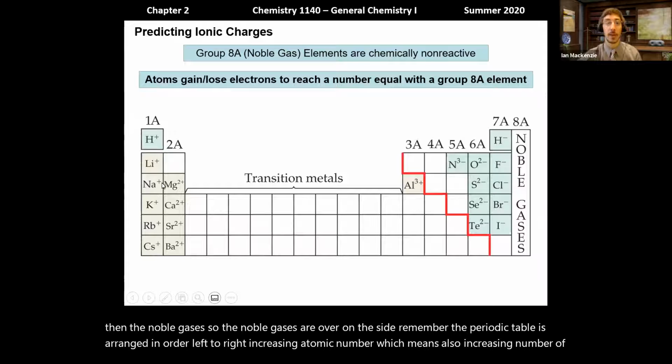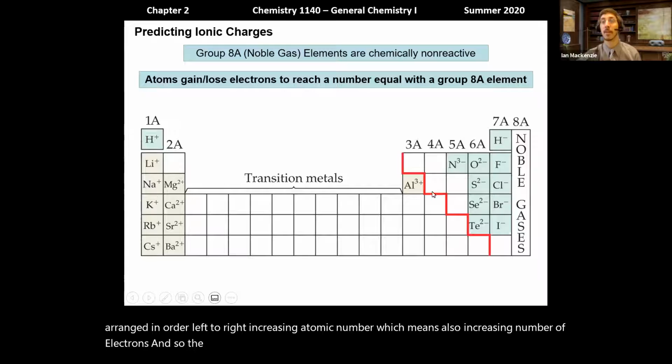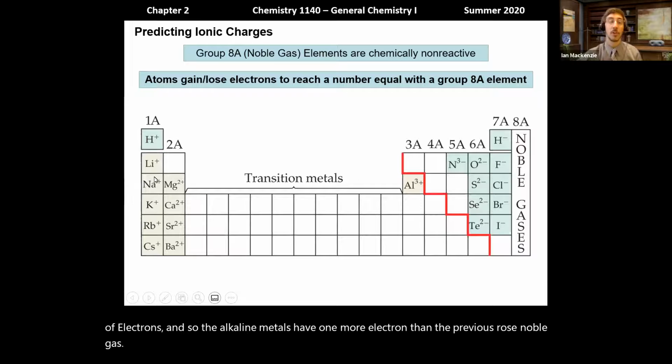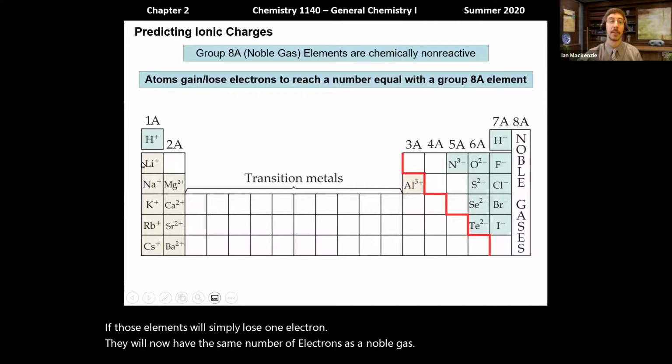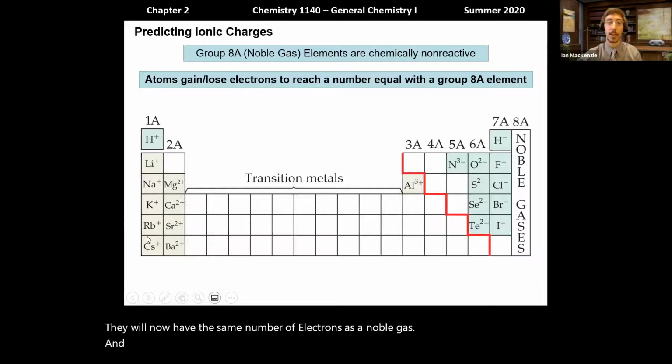And so the alkali metals have one more electron than the previous row's noble gas. So if those elements will simply lose one electron, they will now have the same number of electrons as a noble gas. And so these elements, the alkali metal elements, only form +1 charges.